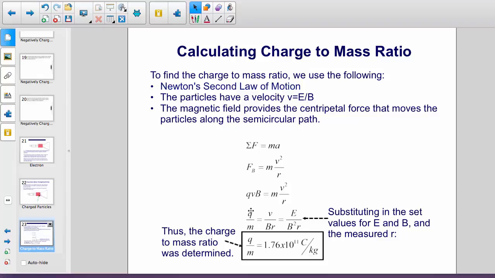That is, the charge to mass ratio is the ratio of the electric field strength to the magnetic field strength squared times the radius of the path. These measurements resulted in a charge to mass ratio for a cathode ray particle of 1.76 times 10 to the 11 coulombs per kilogram.